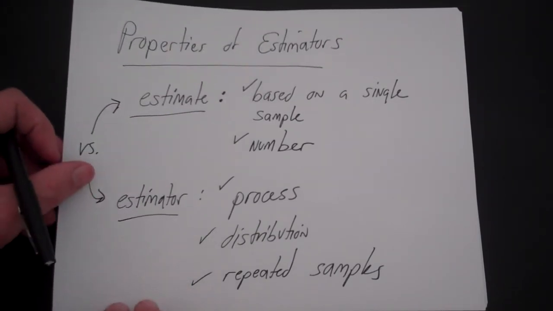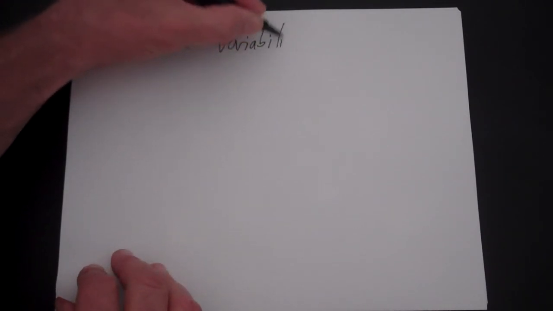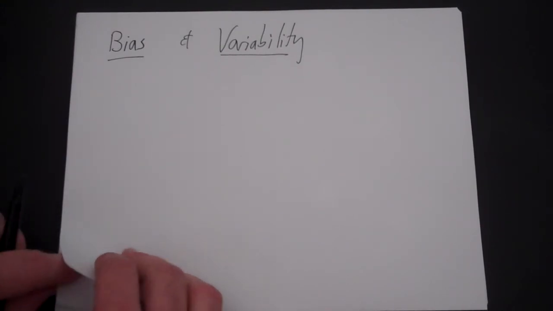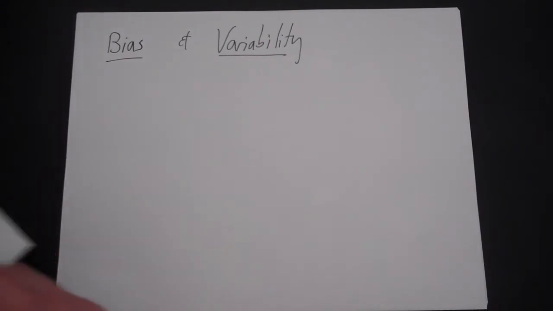Now, when we're talking about estimators, we talk about two things in particular: bias and variability. Let's talk about each in turn. So before we talk about bias, let's define some notation.